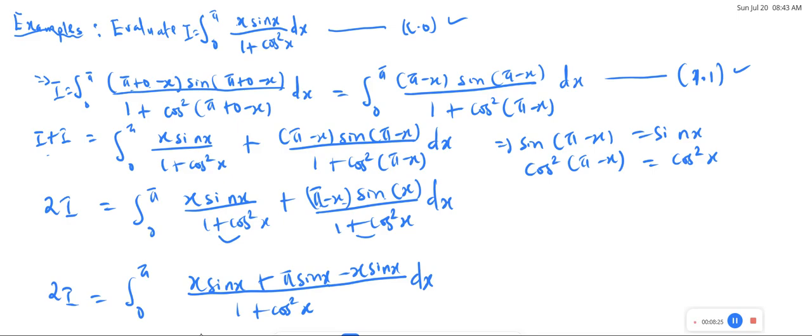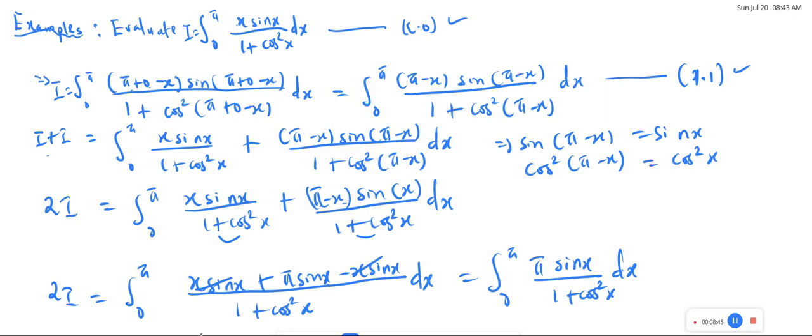So this is equal to the integral from 0 to pi. Now x sine x minus x sine x gives us 0. So what we have now is pi sine x over 1 plus cos squared x dx.